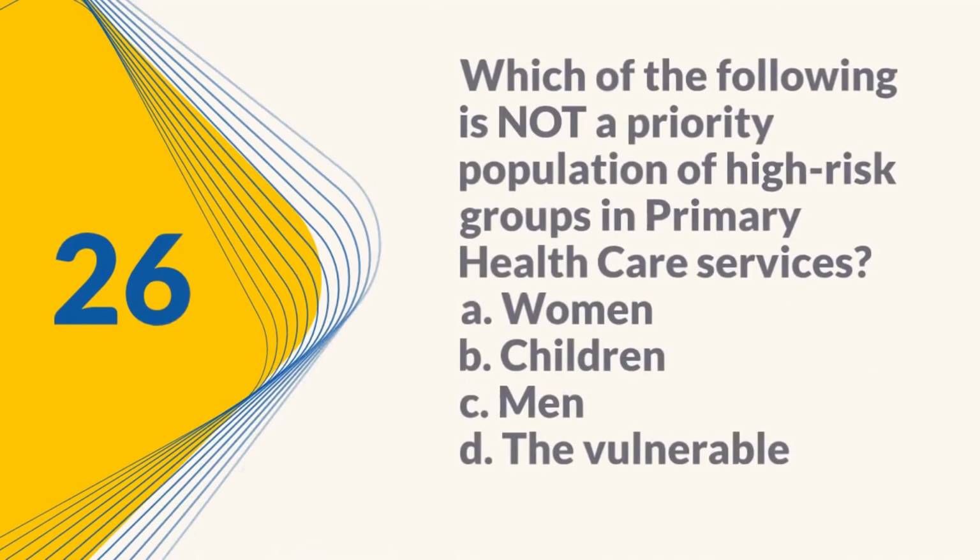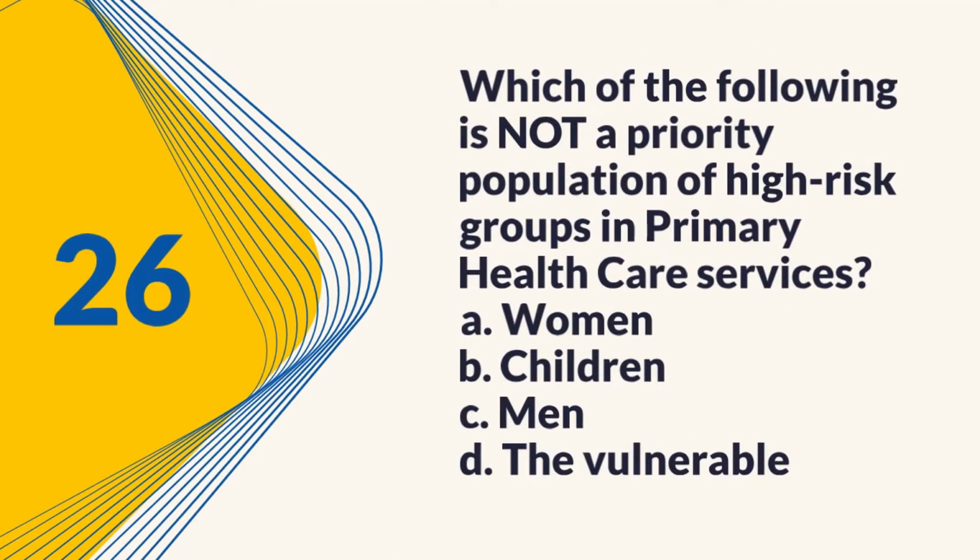26. Which of the following is not a priority population of high-risk groups in primary health care services? A, women, B, children, C, men, D, the vulnerable. Answer is C. Men. Alright, let's break this down.